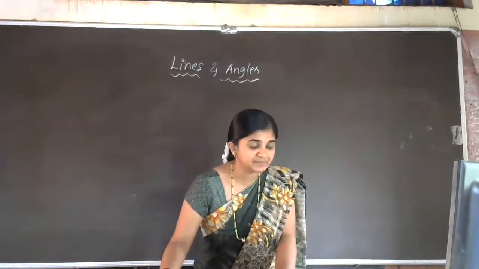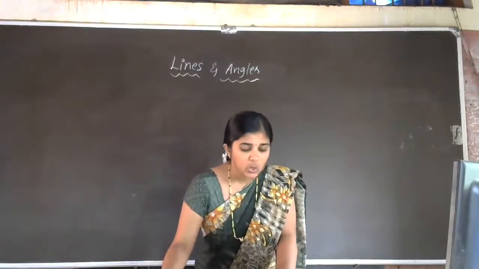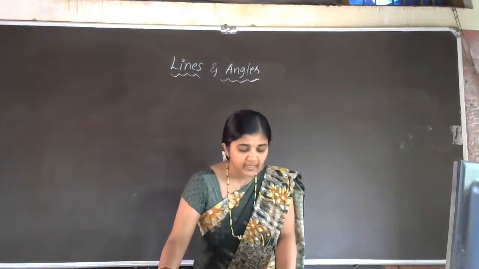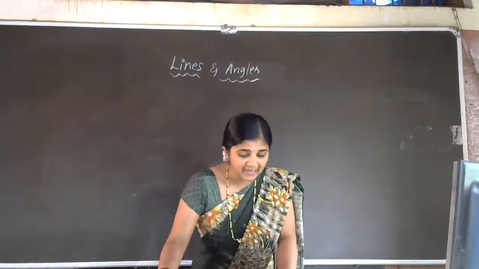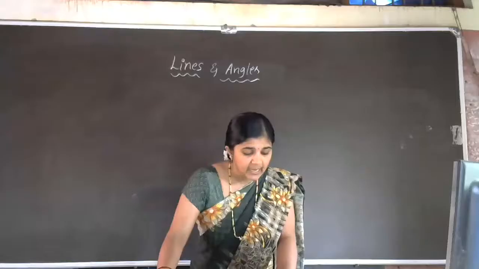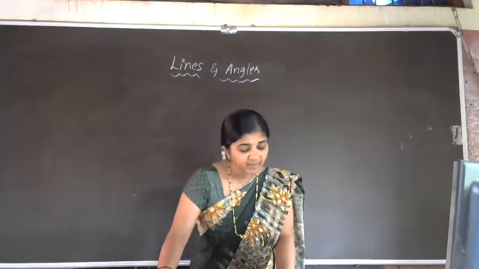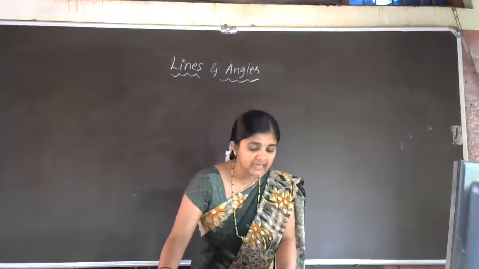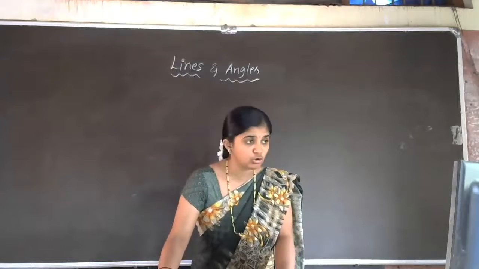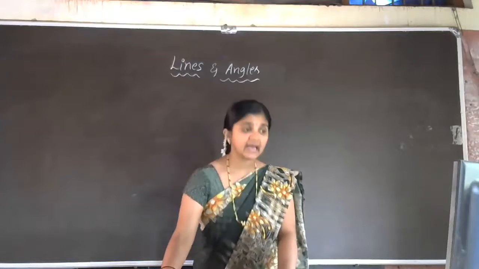In figure, ray OS stands on a line POQ. Ray OR and ray OT are angle bisectors of angle POS and angle SOQ respectively. If angle POS is equal to x, find angle ROT.